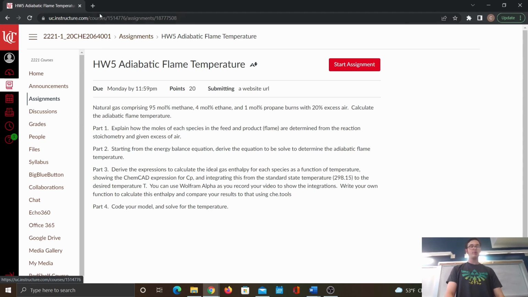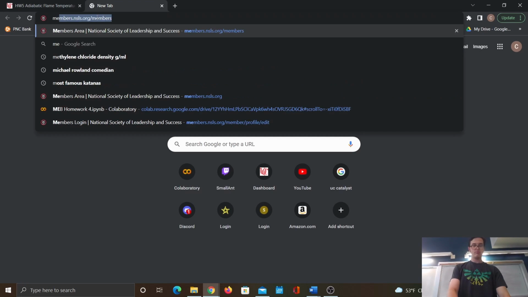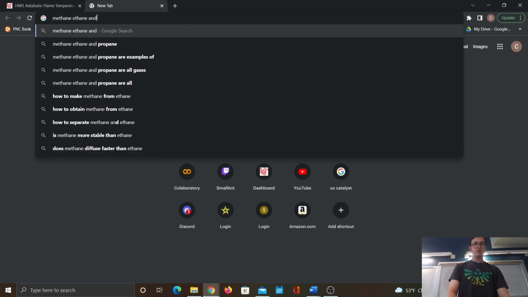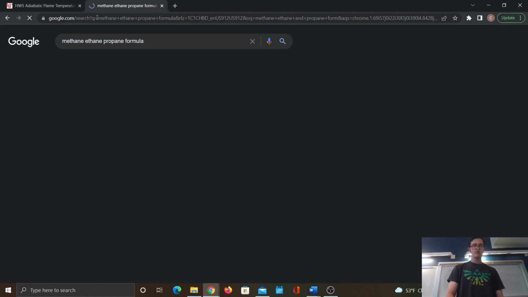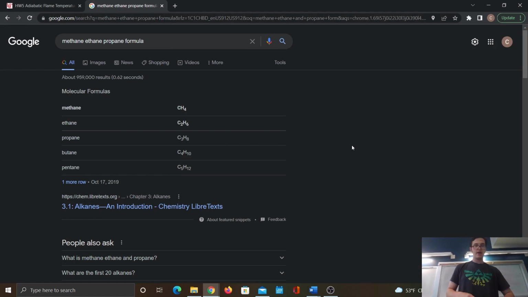So first and foremost, I'm going to pull up the methane, ethane, and propane formulas. So we have methane as CH4, ethane as C2H6, 2 carbons, 6 hydrogens, and then propane has 3 carbons, 8 hydrogens.